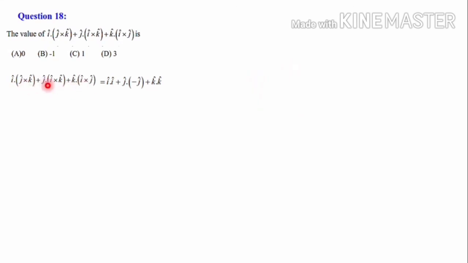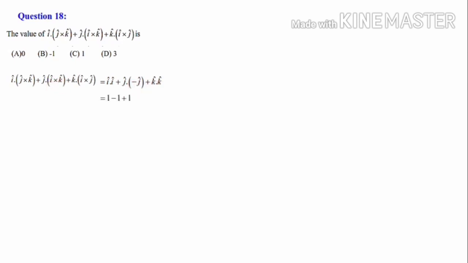Then second time, j cap dot i cap cross k cap, not in order, so there is a minus sign, so minus j cap. Plus k cap dot i cap cross j cap, so i cap cross j cap is in order, i after that j after that k, so it will come as k cap. There is no negative sign here. Negative sign is coming before because the order is reversed in i cap cross k cap.